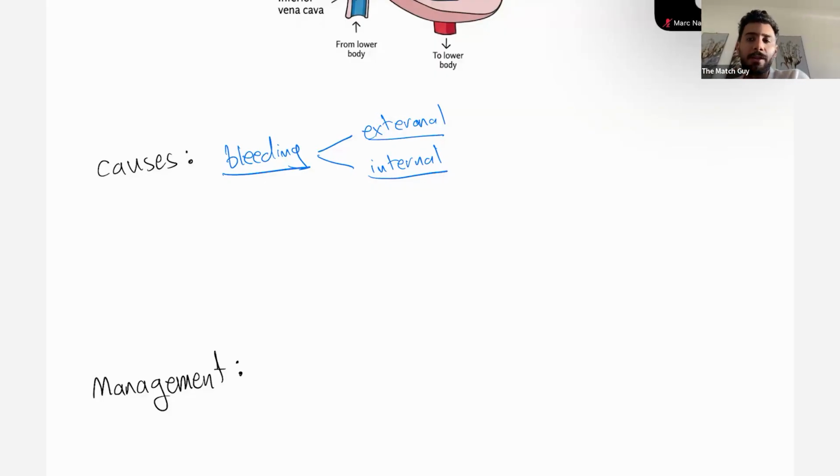That's why for evaluation of internal bleeding, sometimes you can do CTs or ultrasound to look for the internal bleeding, like CT of the abdomen, CT of the pelvis, or ultrasound to localize where the bleeding is happening.